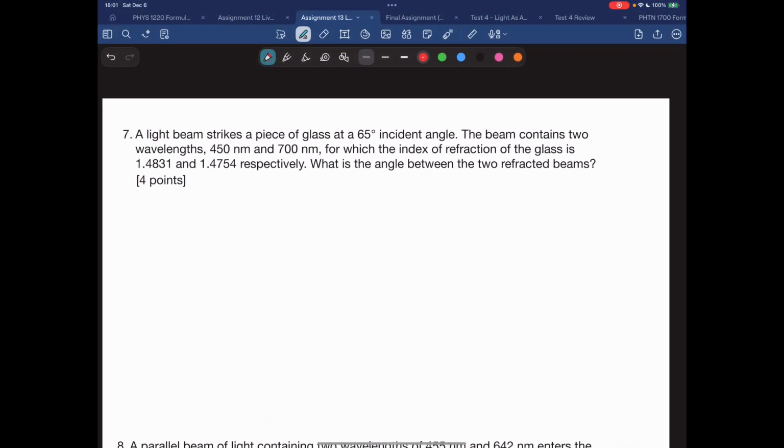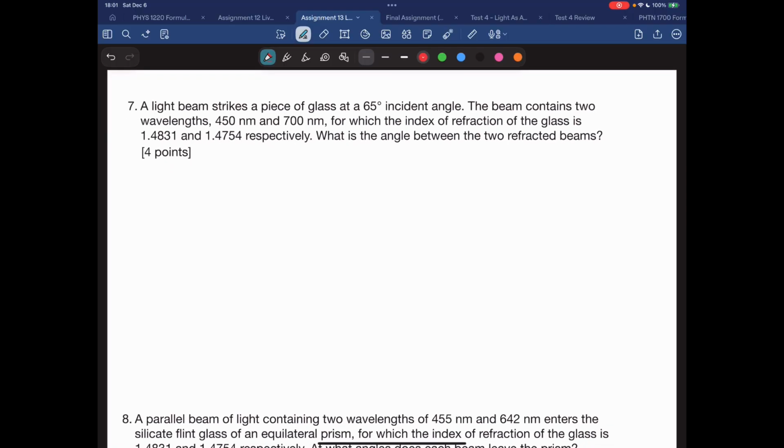Question 7. A light beam strikes a piece of glass at a 65-degree incident angle. The beam contains 2 wavelengths of 450 nanometers and 700 nanometers, for which the index of refraction of glass is the same 2 indexes as before, respectively. What is the angle between the 2 refracted beams?